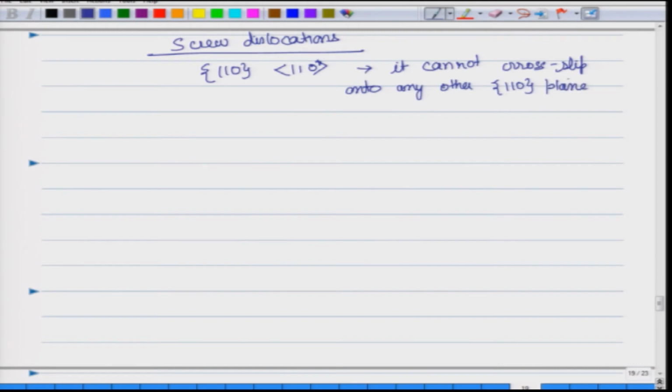What I am saying is that if it is on a 110 plane with a Burgers vector also of the 110 type, not exactly the same, it cannot cross slip onto another 110 plane.